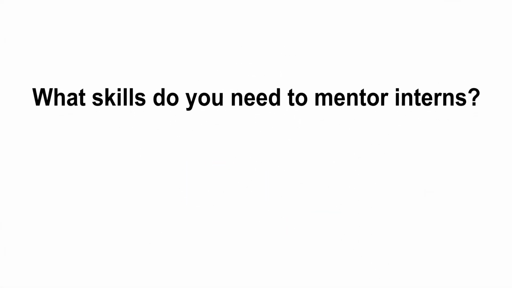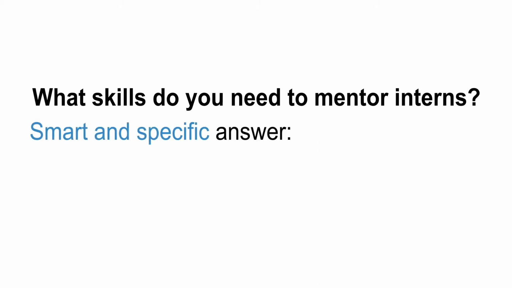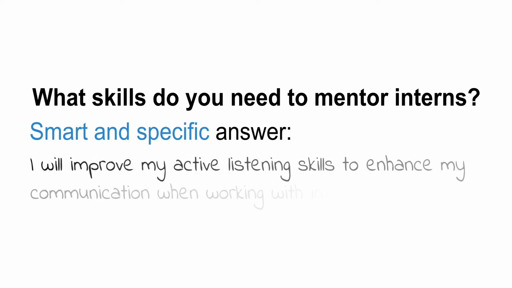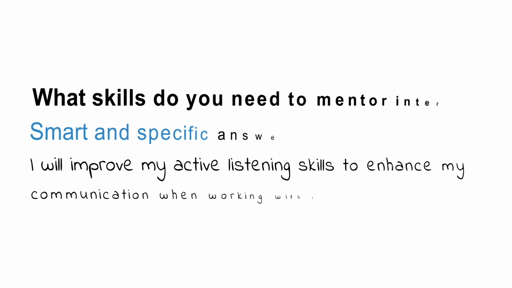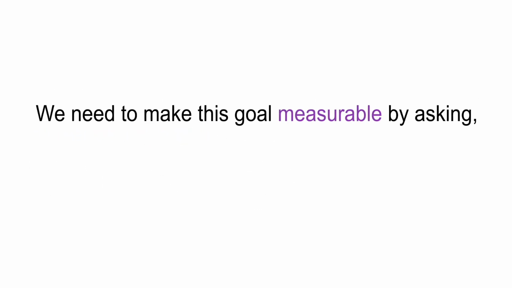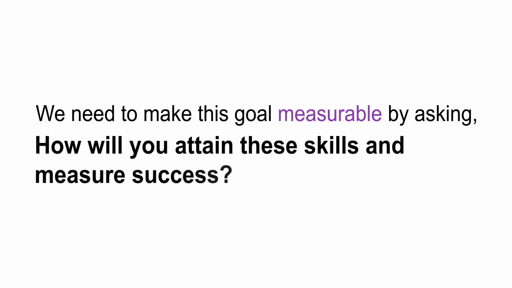First, we can ask, what skills do you need to mentor interns? A SMART and specific answer to this could be, I will improve my active listening skills to enhance my communication when working with interns. Next, we need to make this goal measurable by asking, how will you attain these skills and measure success?